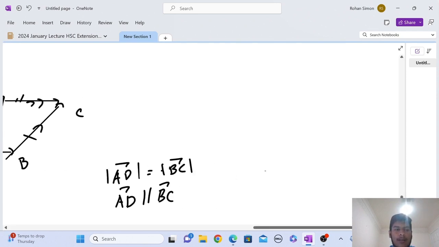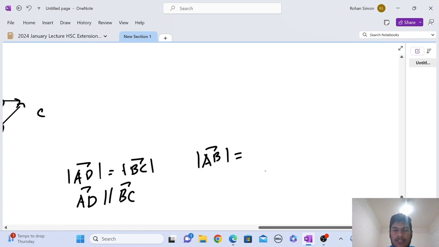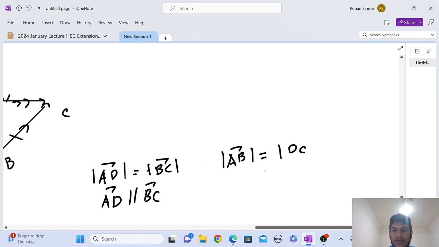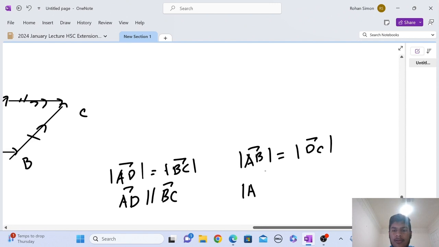We've also shown that AB is the same length as DC, or CD, however you want to put it, and vector AB is parallel to DC, not the magnitude, sorry. AB is parallel to DC, like this.